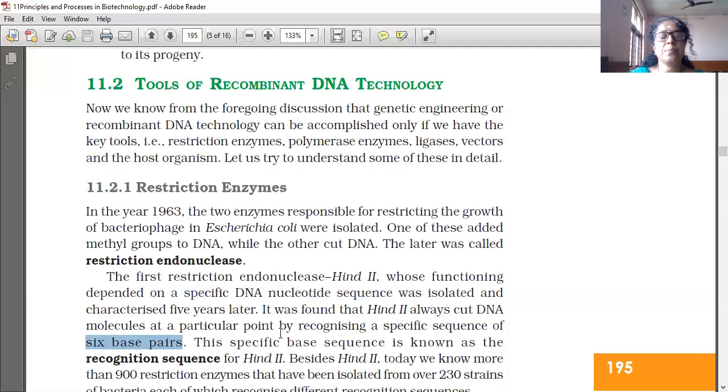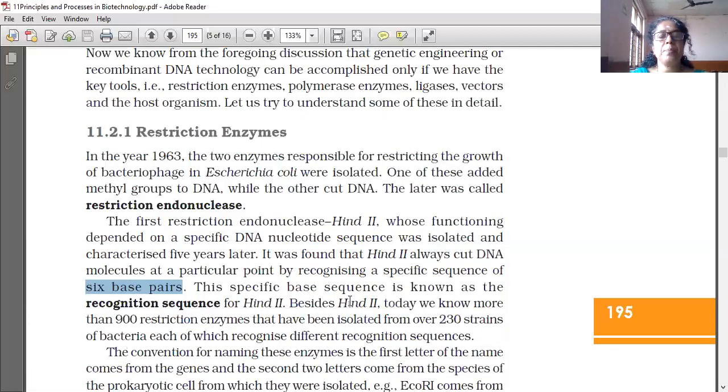This specific base sequence is known as the recognition sequence. The enzyme recognizes those base pairs and cuts that region, and other regions it does not cut.